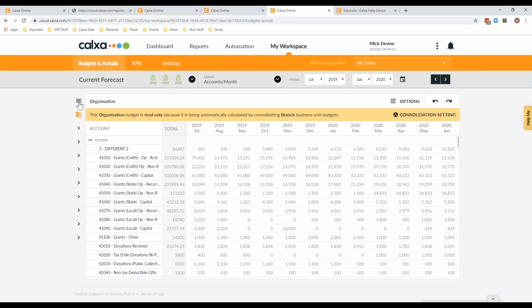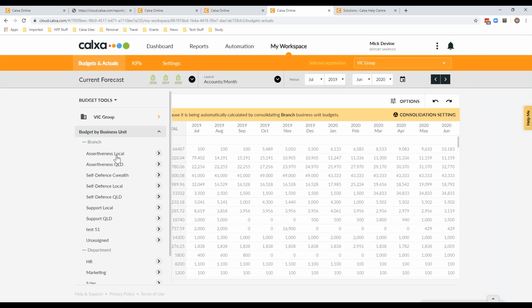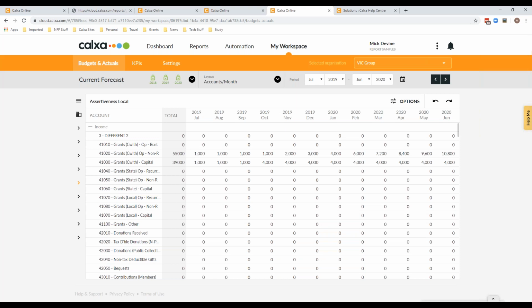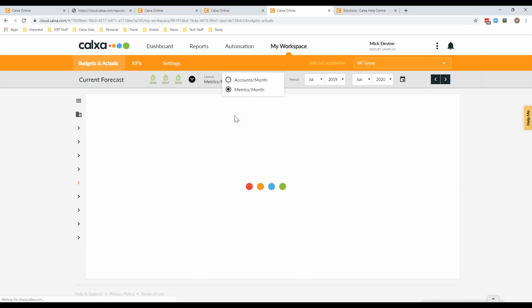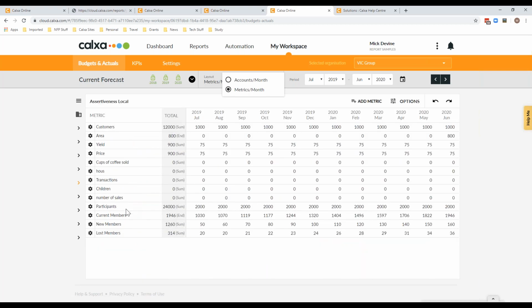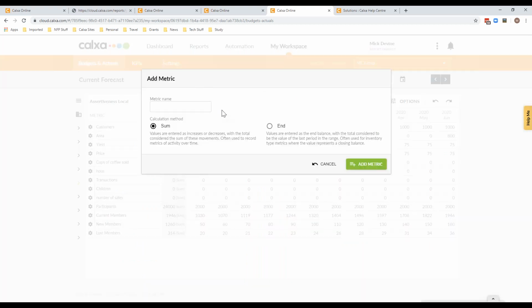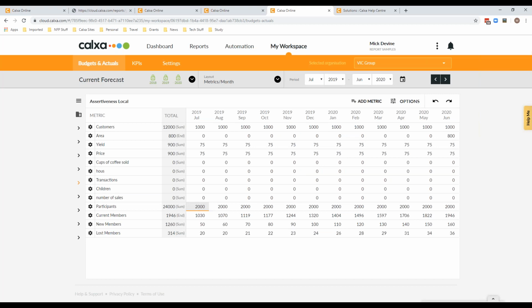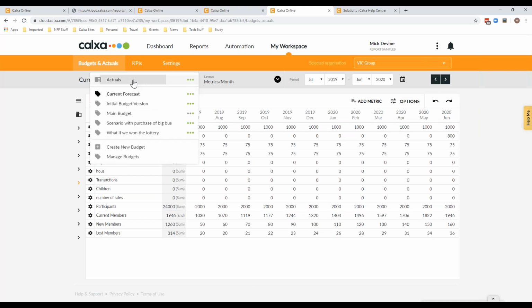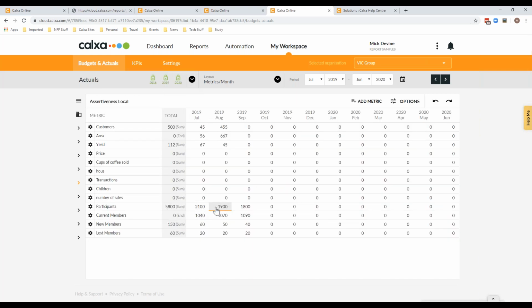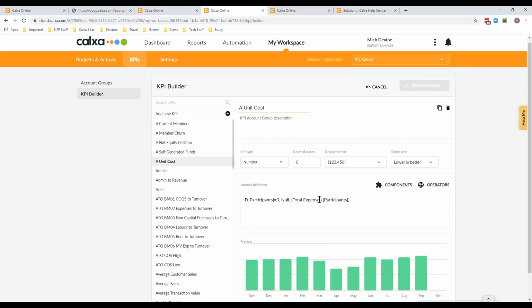So in the budget, for each cost center that you're looking at, you select metrics, and you just go add metric and create a new metric, and I've got 2,000 participants every month for my budget, and in my actuals I've got slightly different numbers to that each month, and then it combines that with the total expense, which has come from our accounting system.